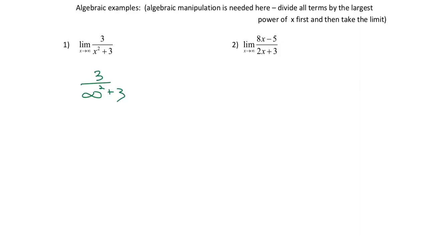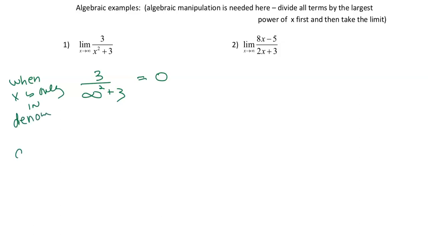Well, this is 3 over a larger and larger number. What is that going to get you? 3 over a huge number is basically 0. So that's just doing it intellectually when you only have x in the denominator.